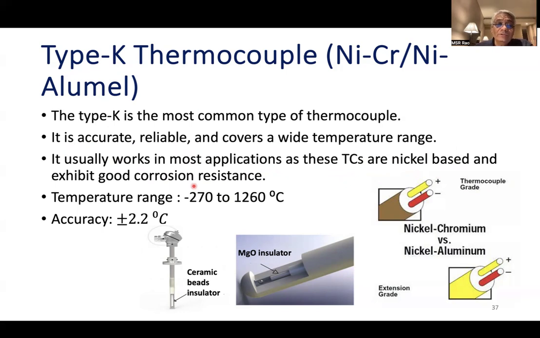They don't get corroded easily. As you can see, the temperature range is from minus 270 to 1260 degrees centigrade. That's a wide temperature range, all the way from very low temperatures to reasonably high temperatures. Accuracy of measurement is plus or minus 2.2 degrees centigrade, which looks good.